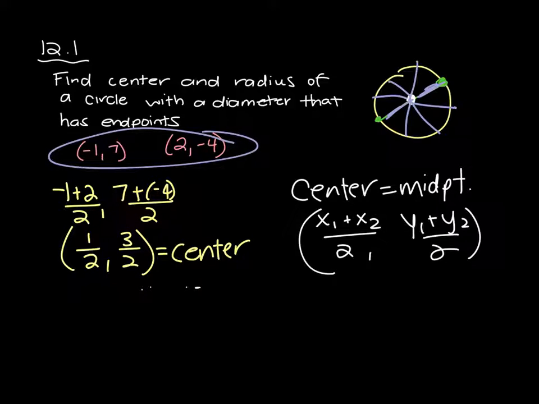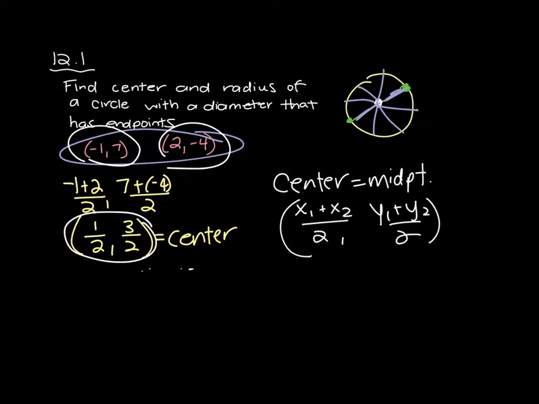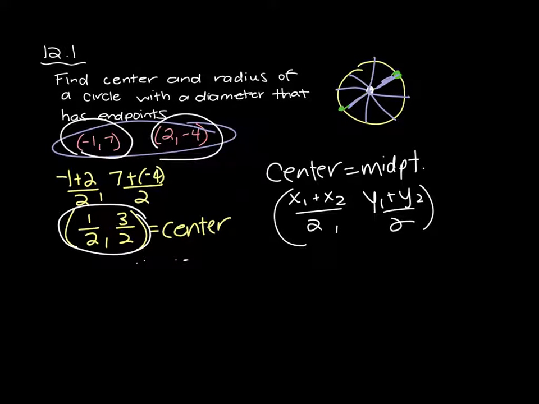So I can either pick to do the whole diameter and divide it by 2, or I can pick either one of these in combination with the center and not divide by 2. If the center's got a fraction, I would avoid the second option. I would stick with the first one. You don't want to deal with fractions inside squares and all that stuff, okay? But if it doesn't, then it's actually one less step because you don't have to divide by 2.